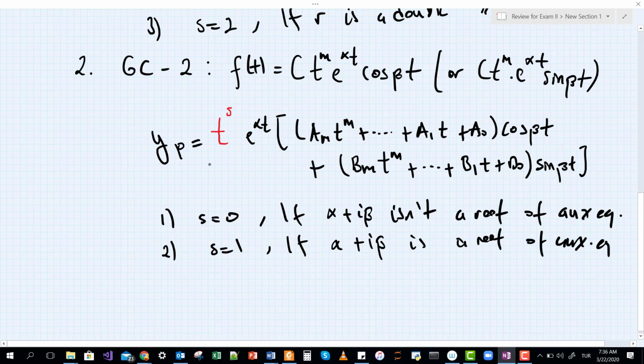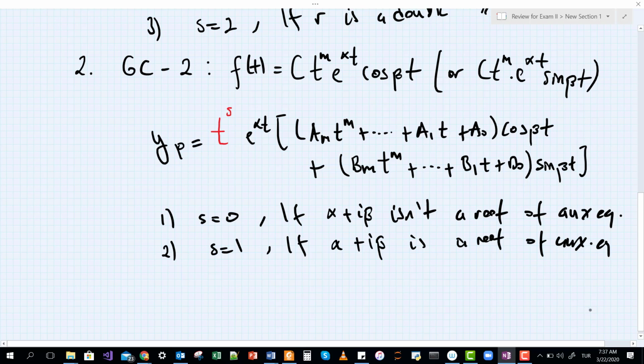There is no exception, guys. Of course, sometimes you are not gonna need it, but sometimes you are gonna need it, with s equal to 1 or 2. For the second case, there is not gonna be any third case: s cannot be 2, since you cannot have a complex double root if you have a second order differential equation.